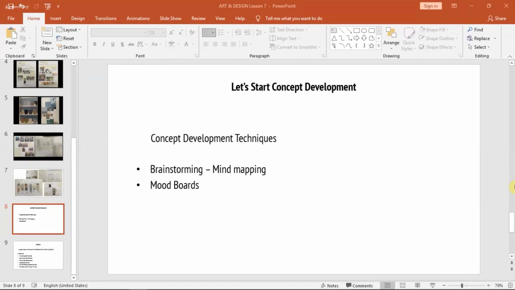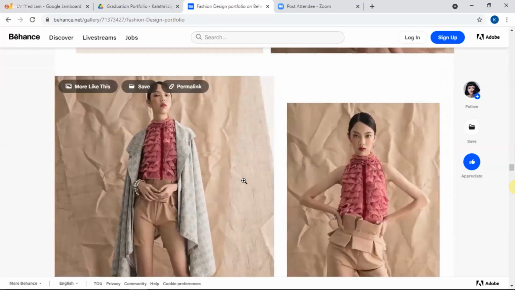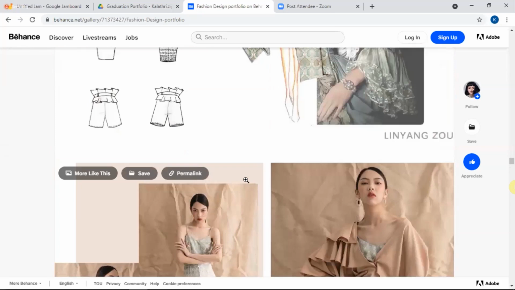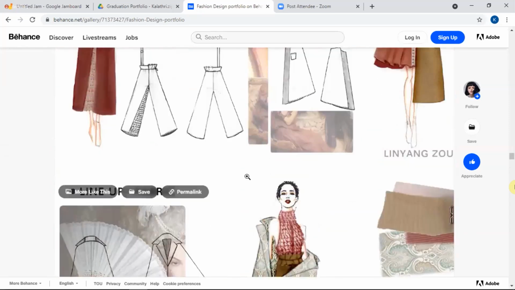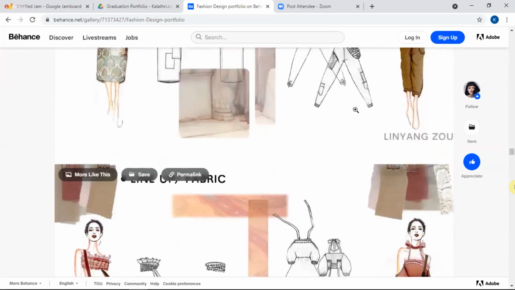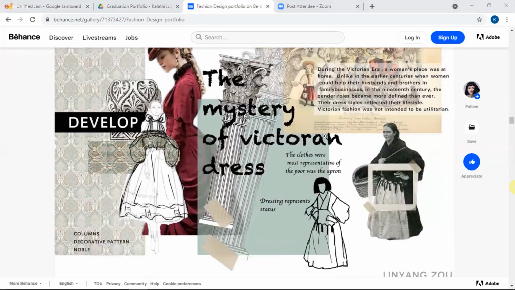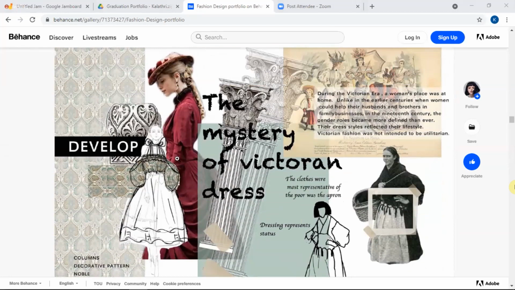We'll go through the mood boards. So first, here in this collection there was the mood board. So this one is a mood board. You can have text in that if you want to describe something particularly.